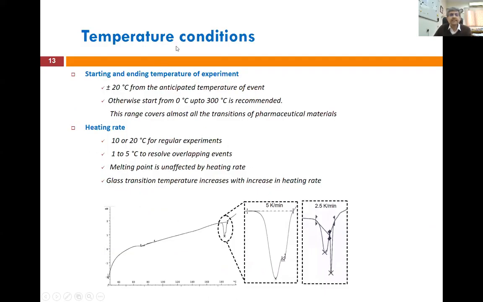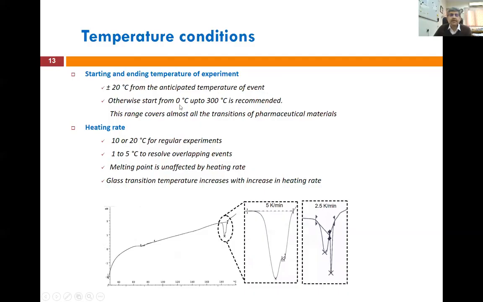The temperature conditions that are usually used for the DSC experiments, we normally start from the room temperature, which is around 20 degrees Celsius, and we try to work in a range which is plus minus 20 from the anticipated temperature event of interest.